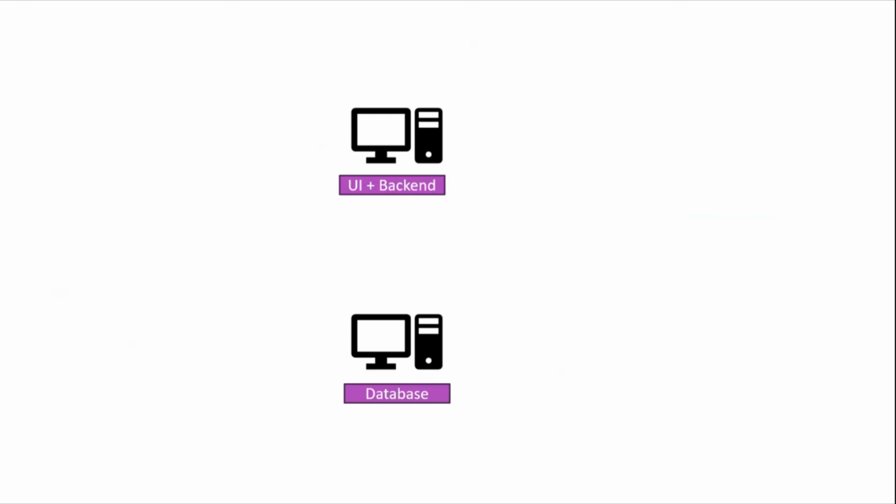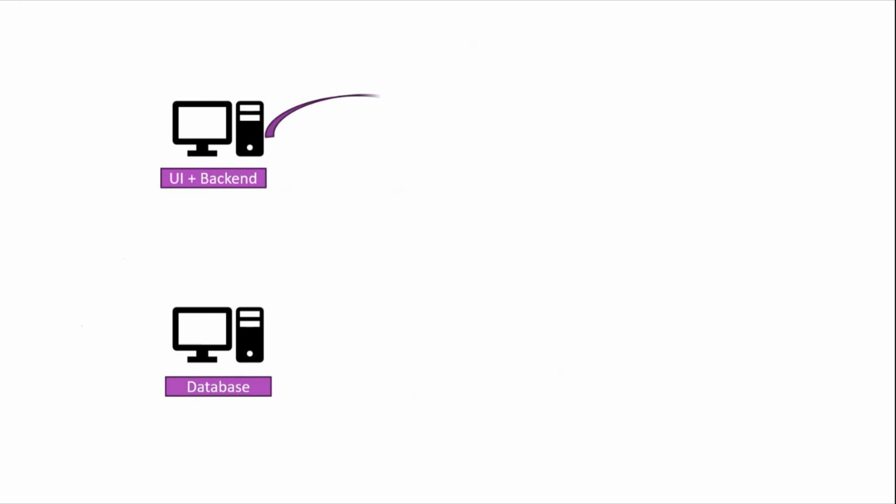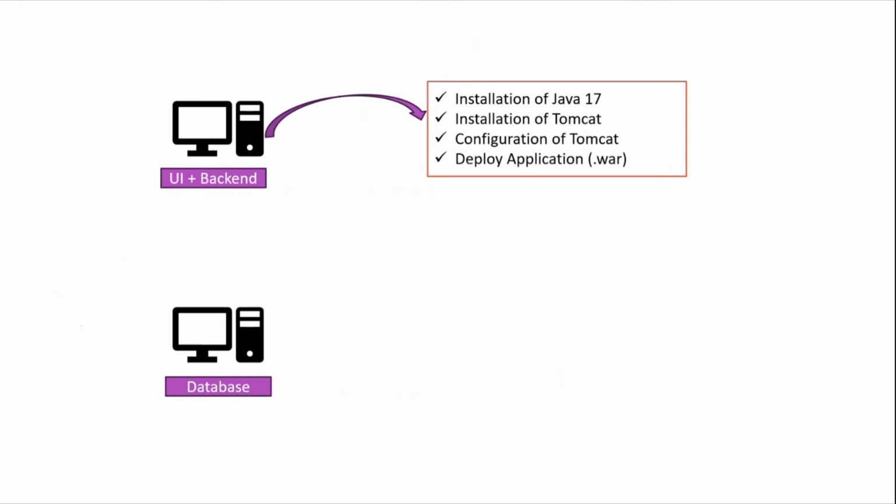For the UI and the backend, the first thing we are going to do is install Java 17, and then we'll see how we can install Tomcat and do some configurations of the Tomcat server. Then we'll deploy the application, that is the .war file, which is generated as part of the build process in Jenkins.